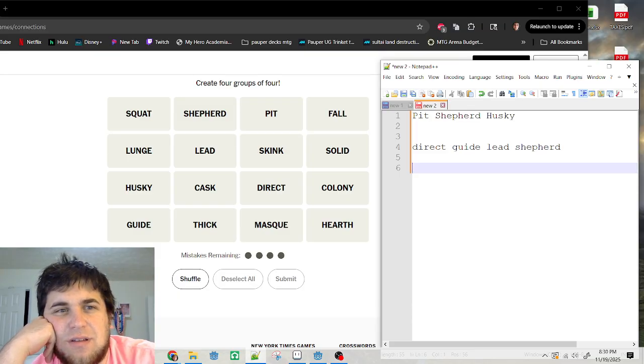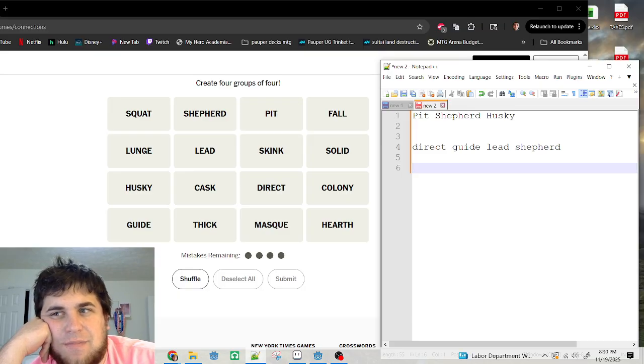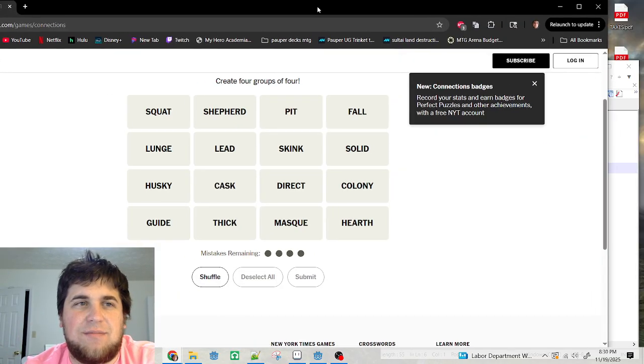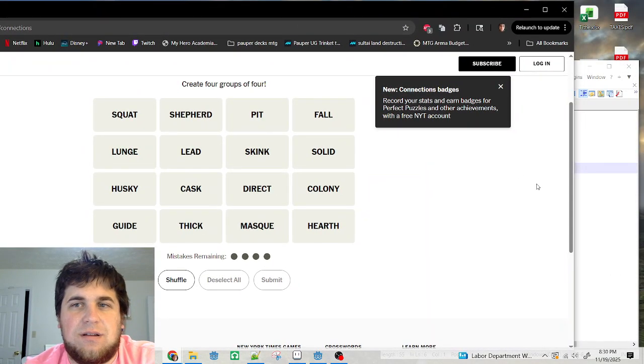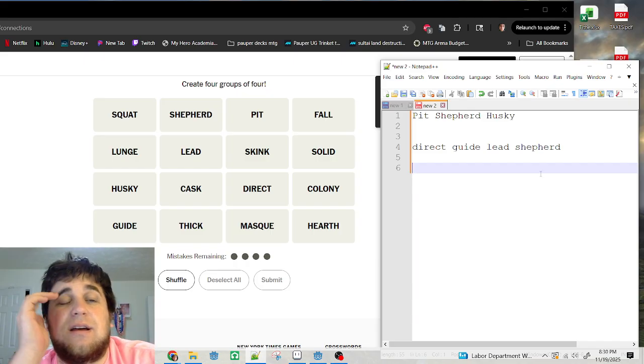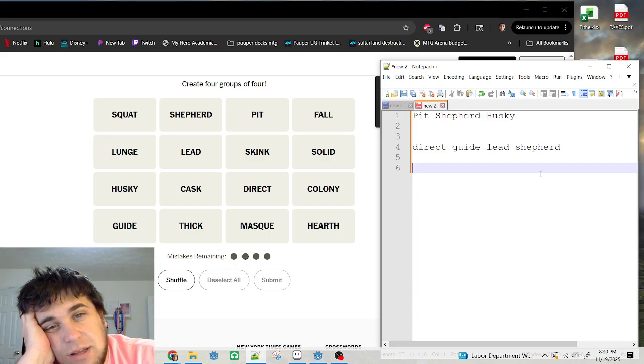Ant hills. Something cask. Cask system? That's the cast system. I have that wrong, don't I? In my head here. Not that. You can do me a solid.